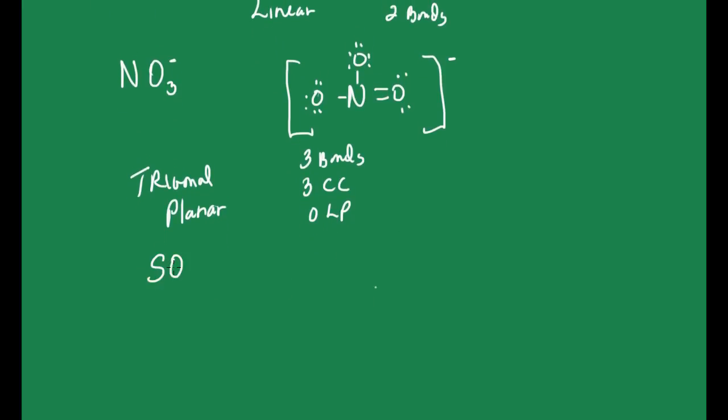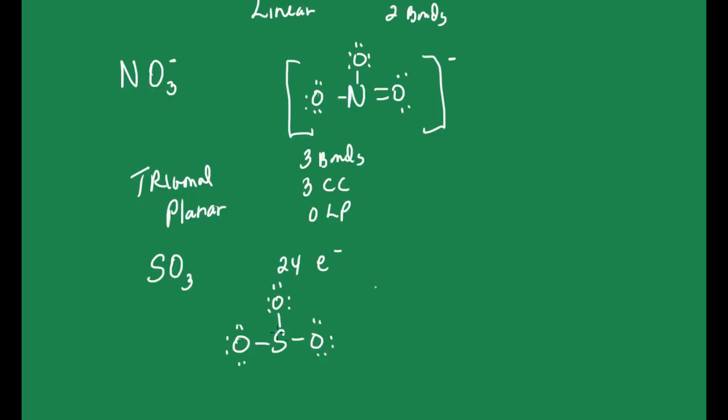We'll do sulfur trioxide, and we'll draw the Lewis structure for this. Let's see, we have 24 valence electrons, and let's just go ahead and draw this. And let's get these electrons around the oxygens.